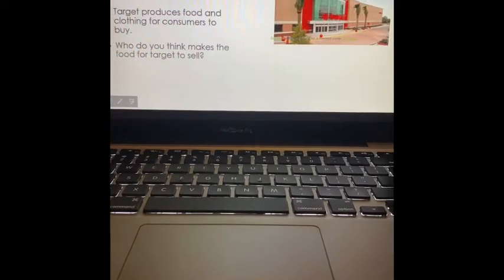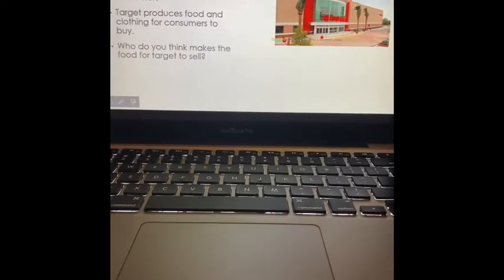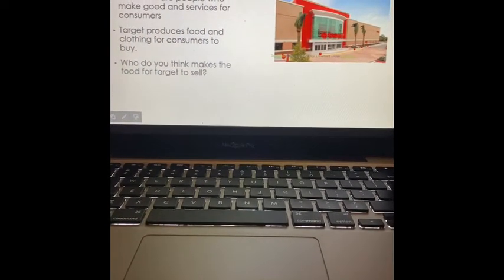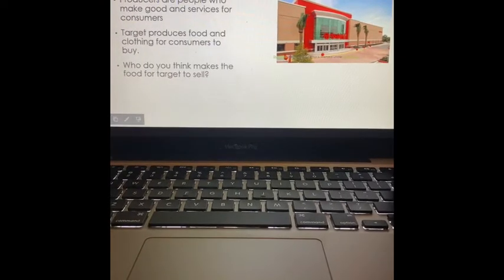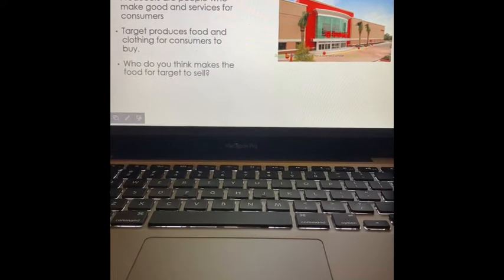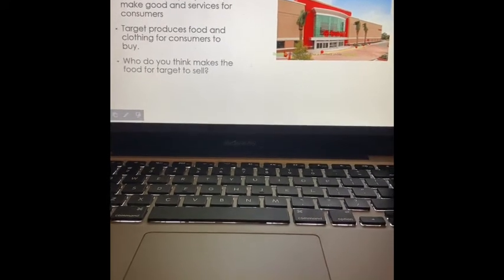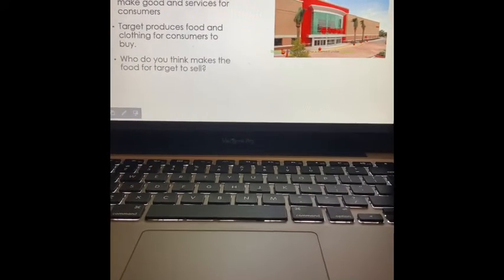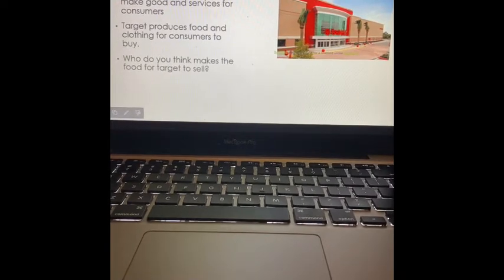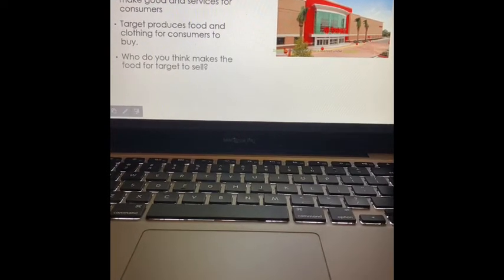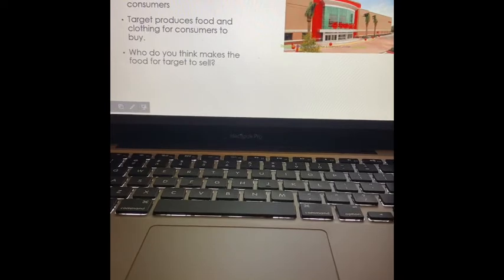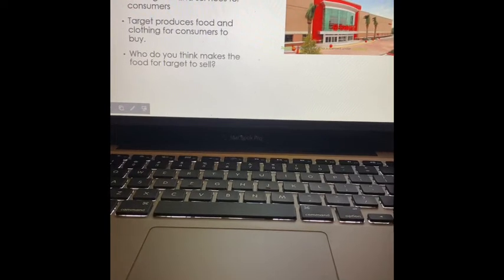And then on this third slide, I have a picture of Target because I know most of them are gonna know what Target is, and if they don't, we could always give examples of Walmart, HEB, anything. So I have on there that producers are people who make goods and services for consumers, and Target produces food and clothing for consumers.